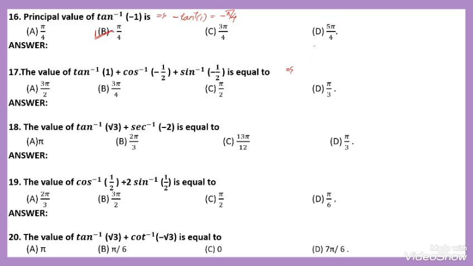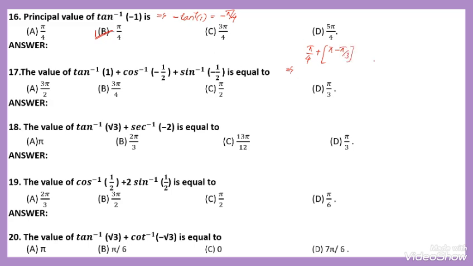Tan inverse of 1 will be pi by 4. Here there is a plus symbol. Next, cos inverse of negative theta, I can use the property, that is pi minus cos inverse of 1 by 2, which is pi by 3. Pi minus pi by 3.